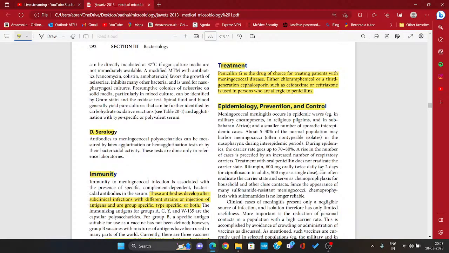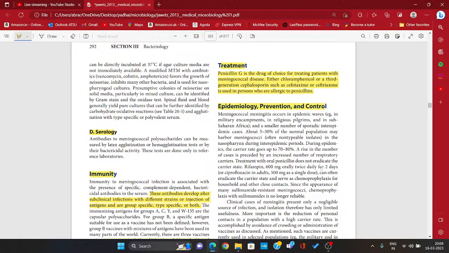About 5 to 30% of a normal population may harbor meningococci, often non-typable isolates, in the nasopharynx during inter-epidemic periods. During epidemics, the carrier rate goes up to 70 to 80%. A rising number of cases is preceded by an increased number of respiratory carriers.